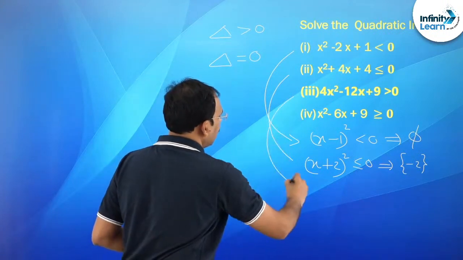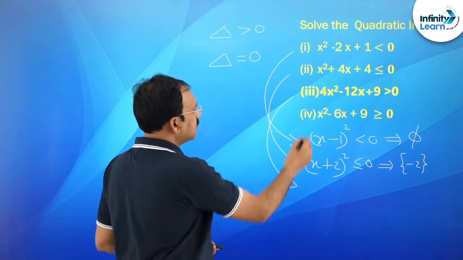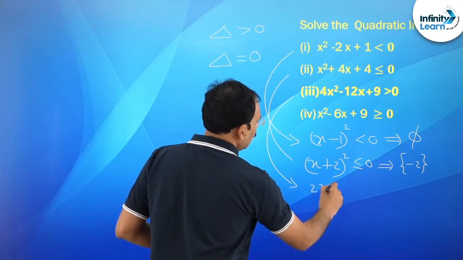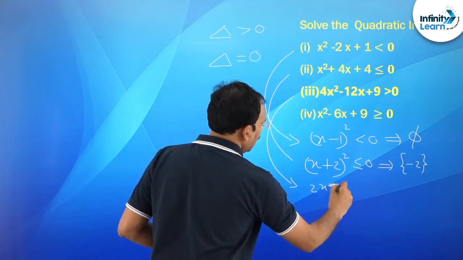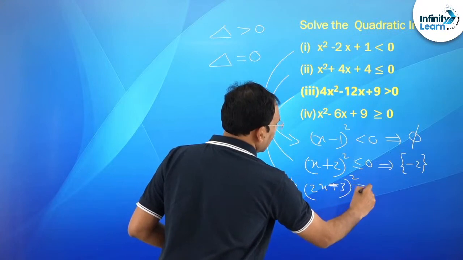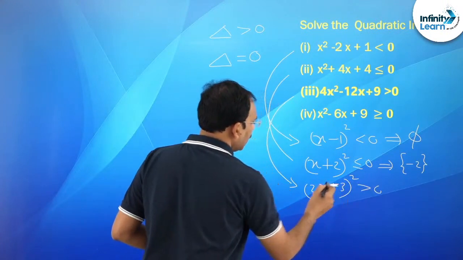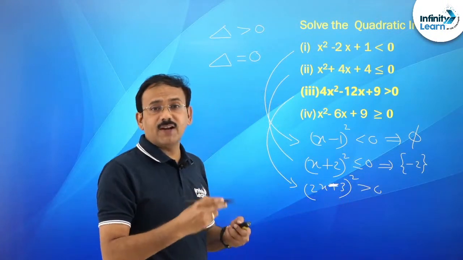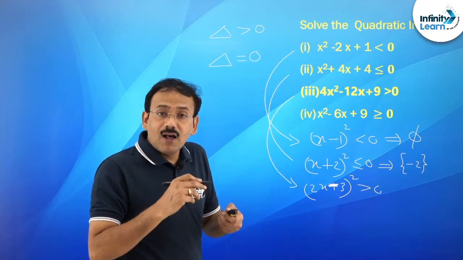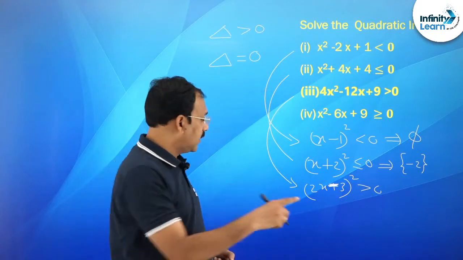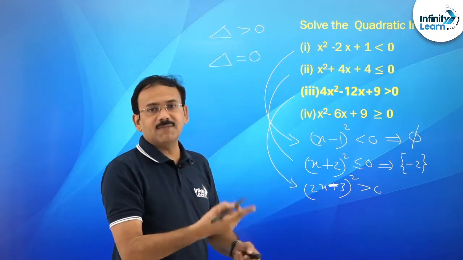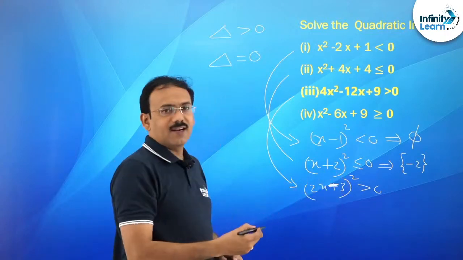Now, the third one, you see friends, this is also (2x minus 3) whole square greater than 0. So, a perfect square greater than 0 is always correct, but if you give 3 by 2, this becomes 0. I want strictly greater than 0.